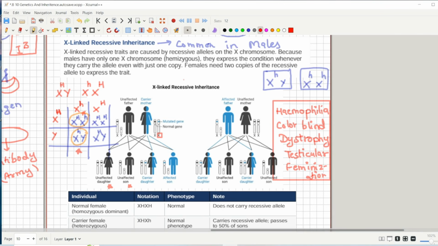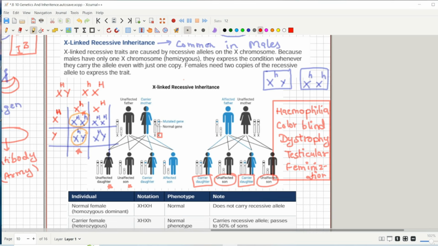Also, if we have an affected father and an unaffected mother, then none of the sons would be affected. Why is that? Because both of these sons will get their X chromosome from their mother, right? And they are getting the Y chromosome from their father. So both of these sons would be unaffected, but both of these daughters would be carriers.